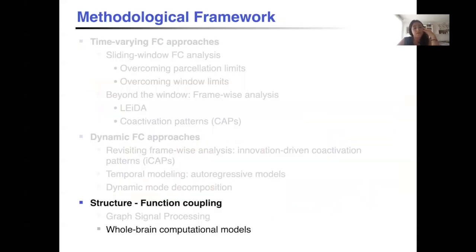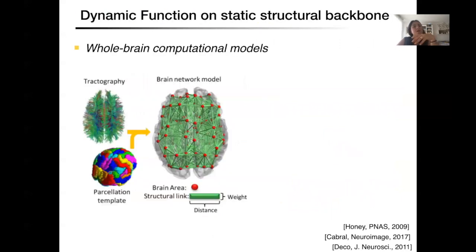An alternative that also looks at the relationship between structure function coupling, of course, is a very big category that I just want to mention for you. Whole brain computational models try to simulate functional signals based on a specific parcellation and a specific structural architecture underneath.